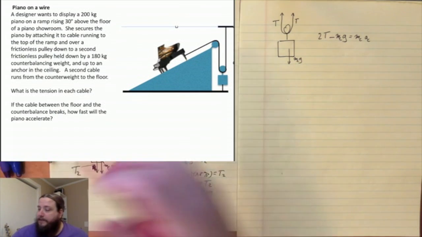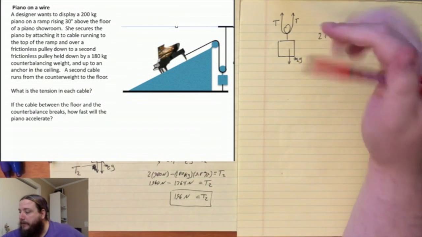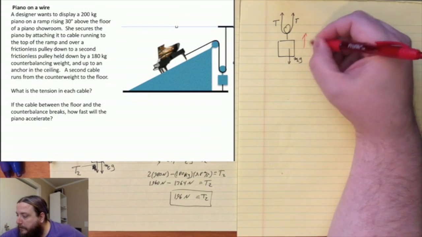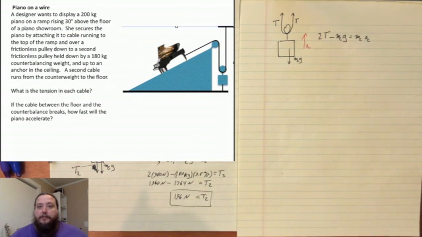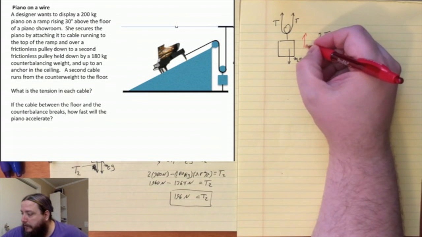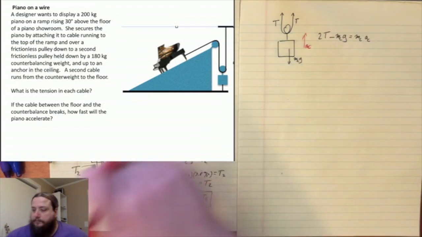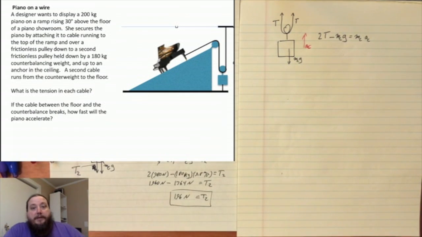And again, we expect the acceleration of the counterweight here to be upward, because we needed that downward tension to keep the system in check. So without the downward pull from that bottom cable, we expect that the counterweight is going to go up as the piano slides down.